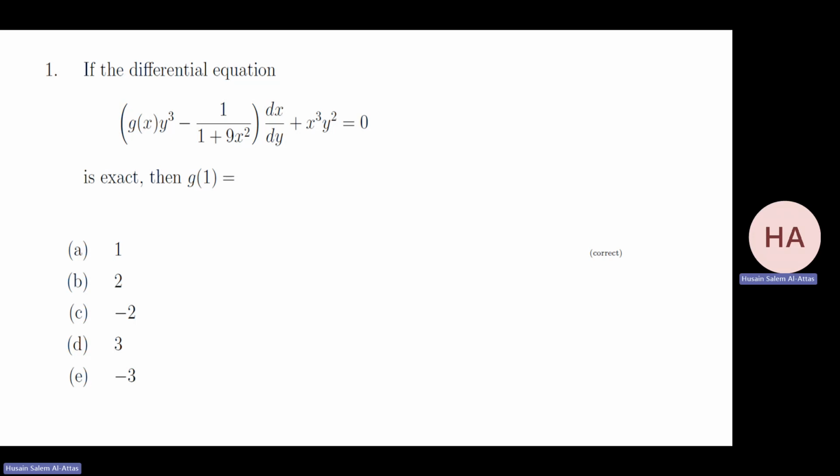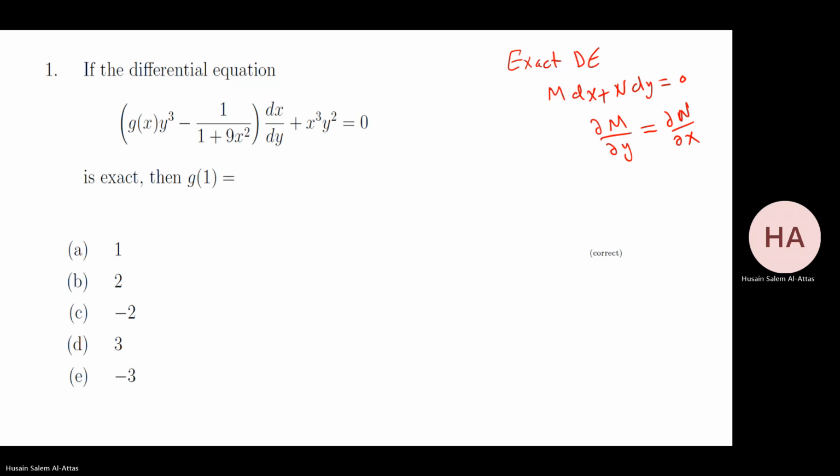Okay, if the differential equation is exact, just to remind you, what's the meaning of exact differential equation? It means if we have M dx plus N dy equals 0, this is the differential equation, then to be exact, I need partial M with partial y equal partial N with partial x.